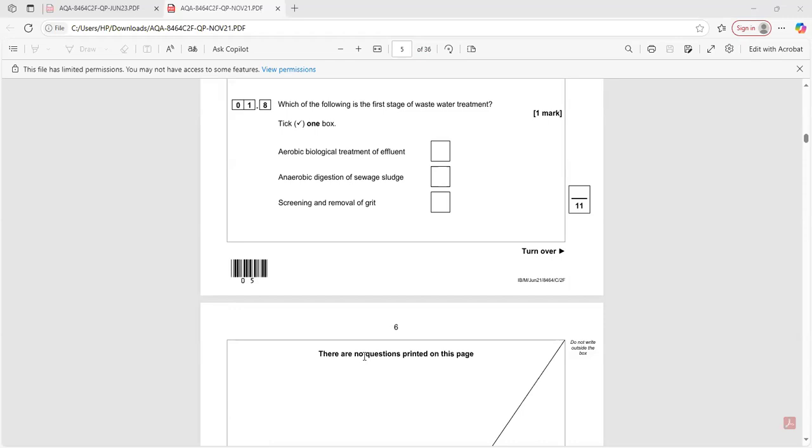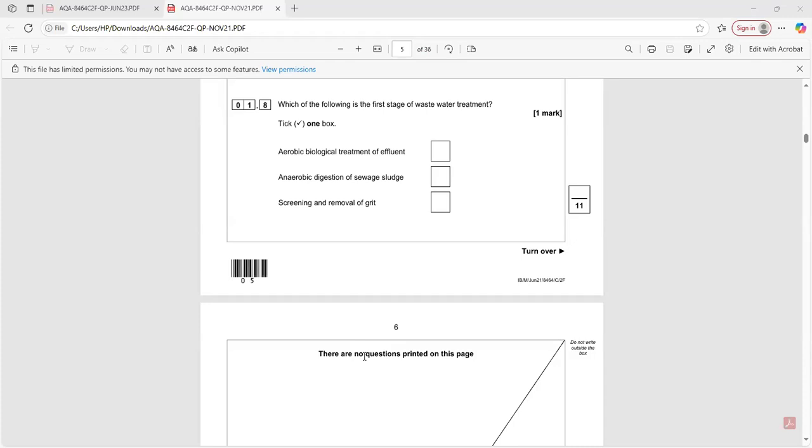The next one says, which of the following is the first stage of wastewater treatment? Okay, so which one do you think is the correct answer? What did you say?